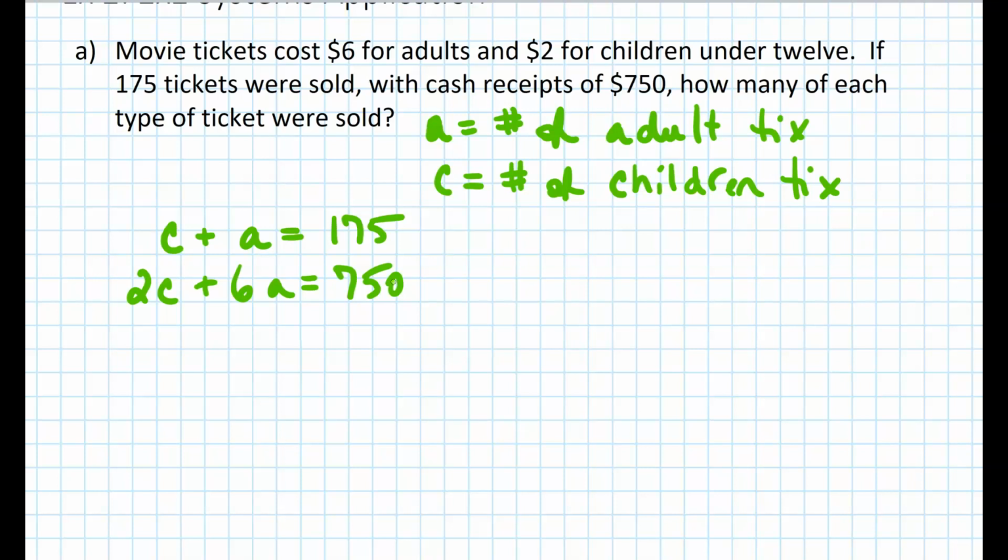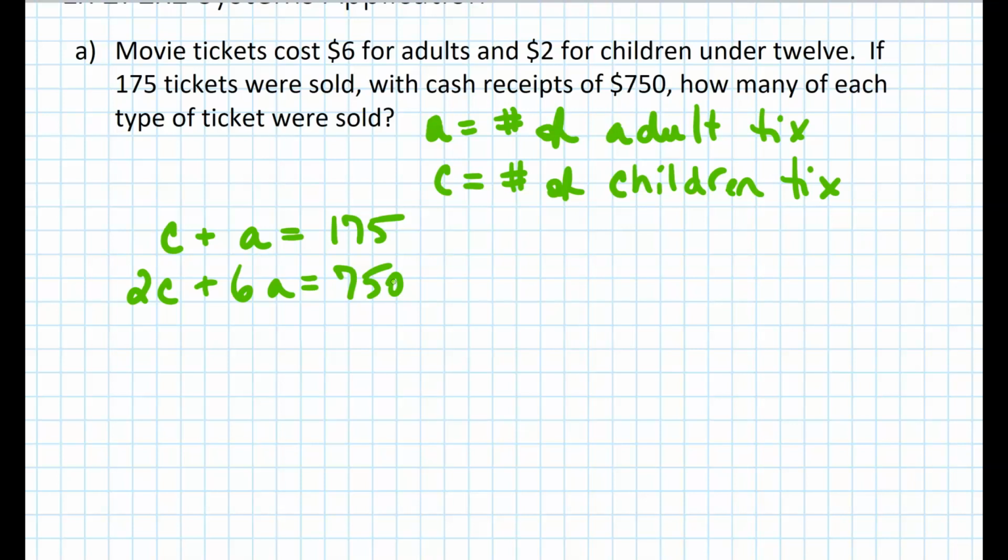Does C and A represent number of tickets? Okay, that's the unit. The second equation on the right is $750. If we were to multiply out what we have on the left side, does it give us the units dollars? $2 times C plus $6 times A. Yeah. Those are dollars. So you always want to make sure those match.